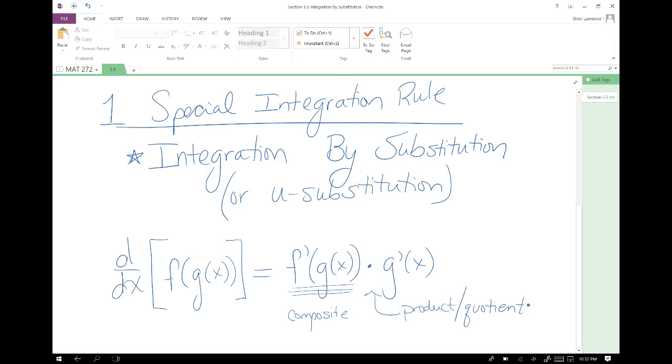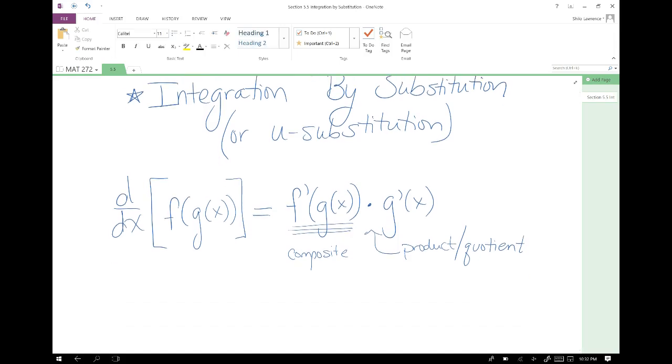Products and quotients are really the same thing. Multiplying is the same as dividing by the reciprocal, or dividing is the same as multiplying by the reciprocal. So that chain rule could create a product or a quotient.